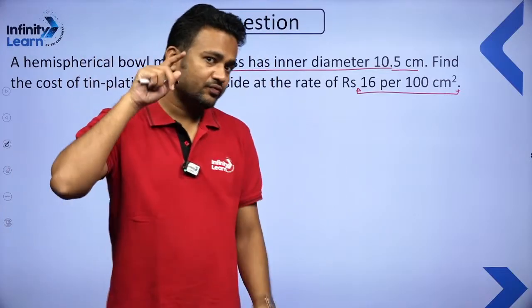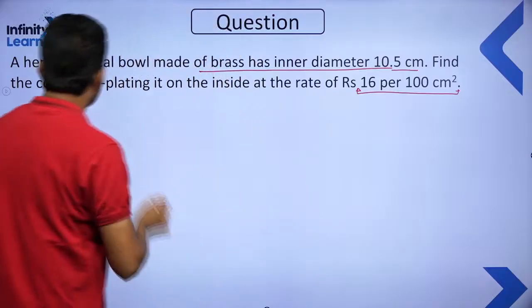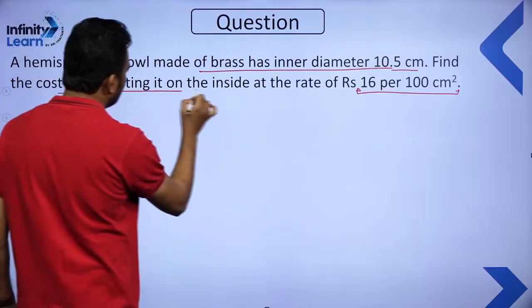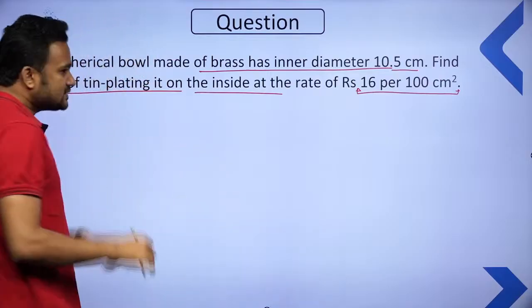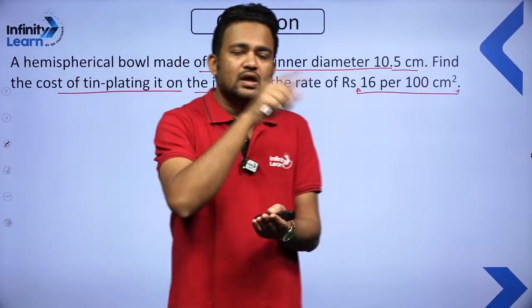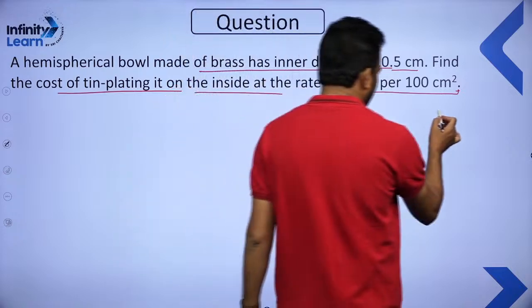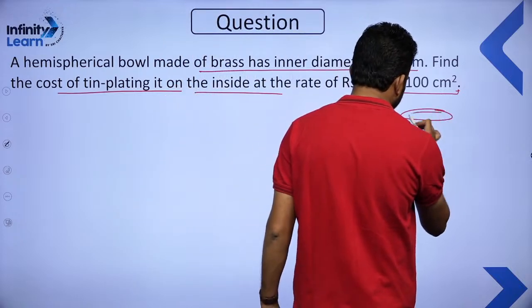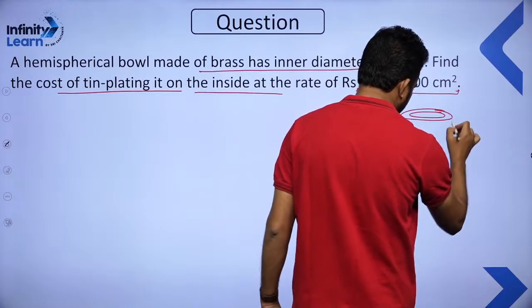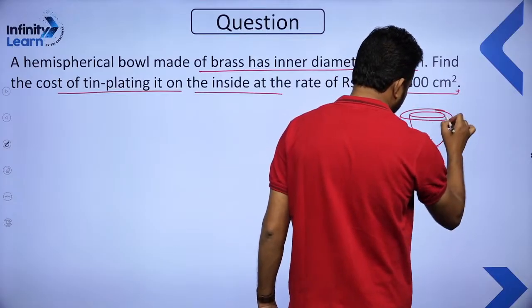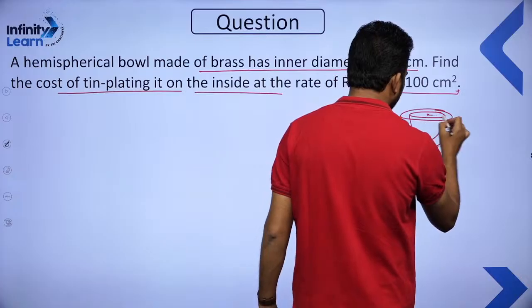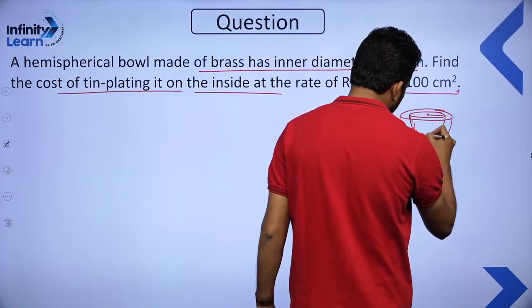And since we have to find the cost of tin plating it on the inside, means tin plating is done inside the bowl, right? So let us assume this is the bowl. So we have to do the plating inside the bowl here.